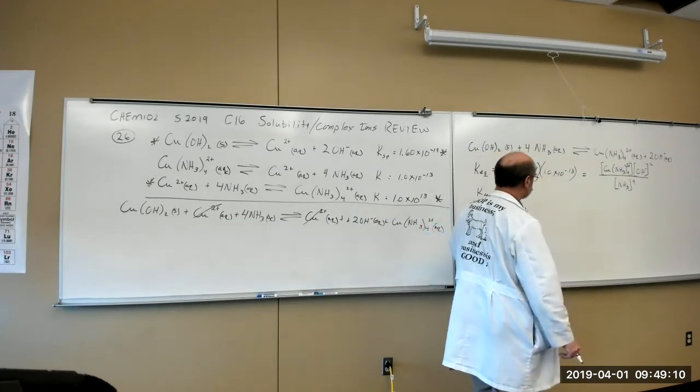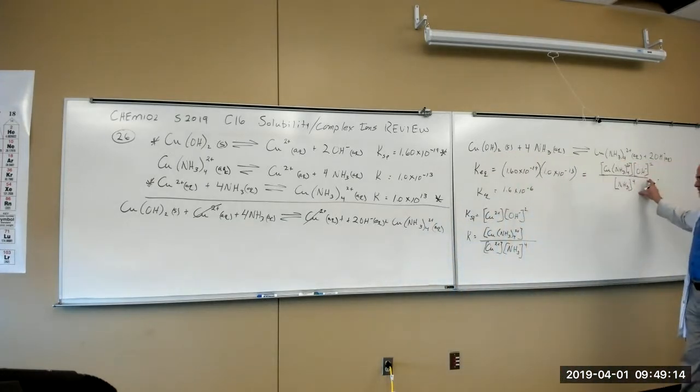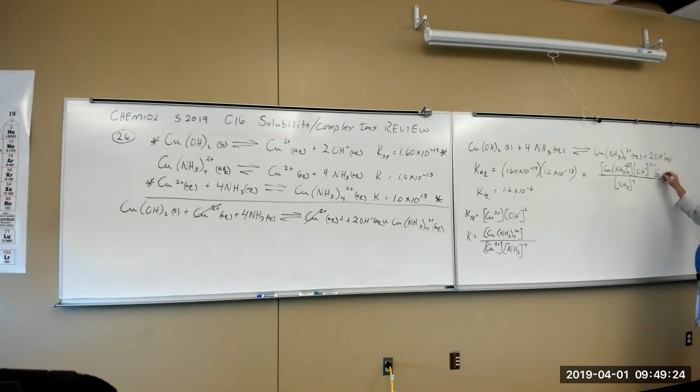So if we take this one and multiply the whole thing through by, right, that's 1. That divided by that's 1, so we can do that.